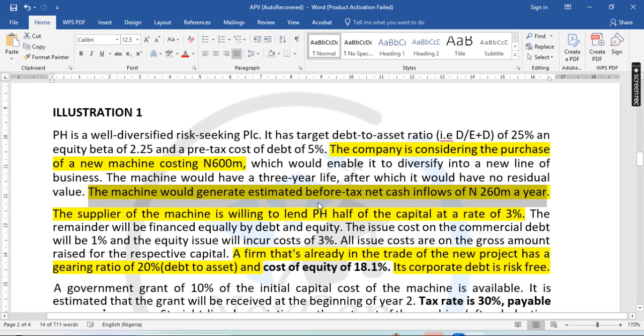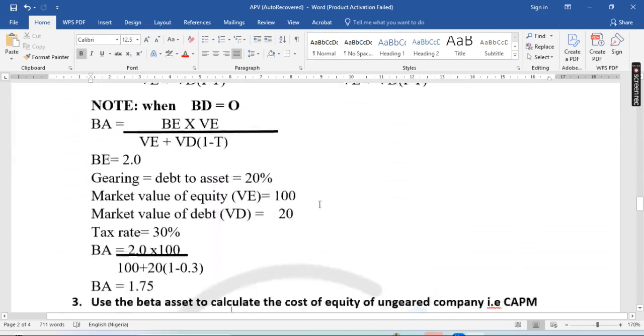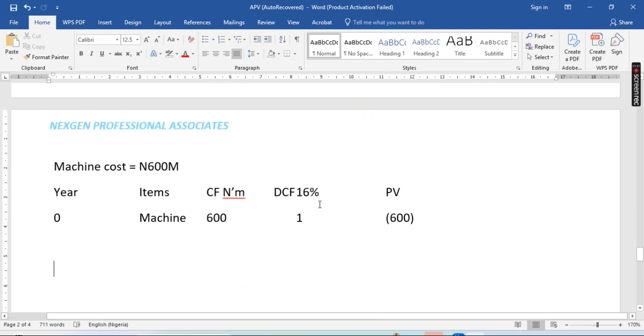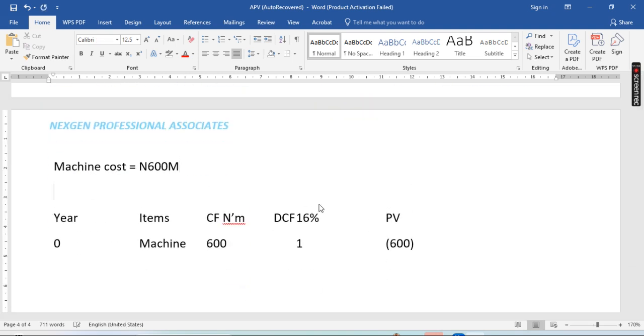The machine will generate an estimated net cash flow of 260 million.